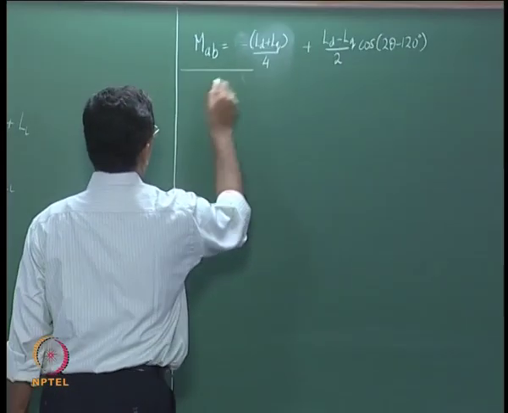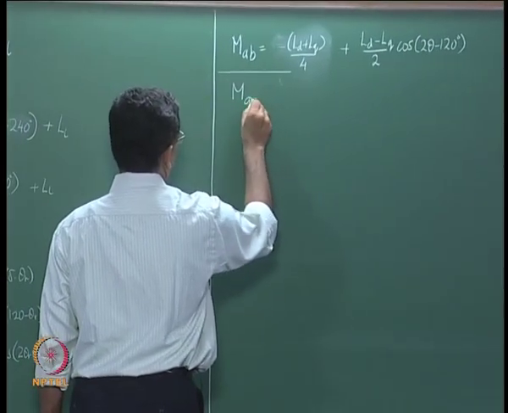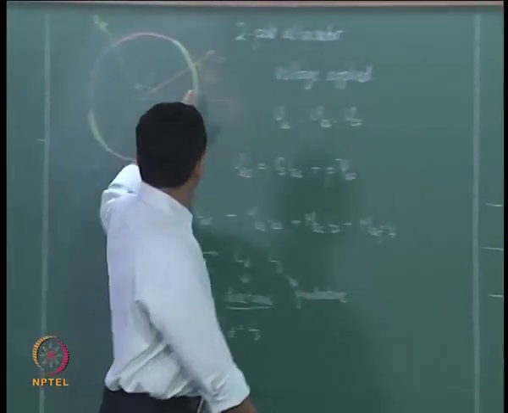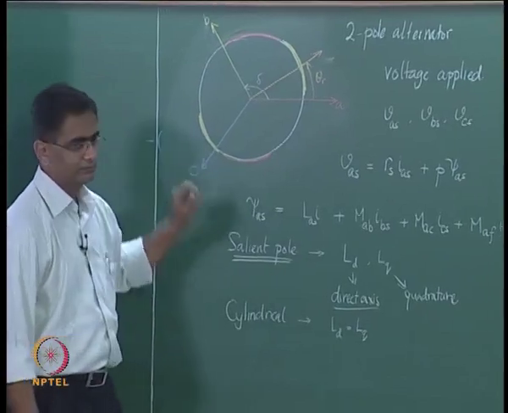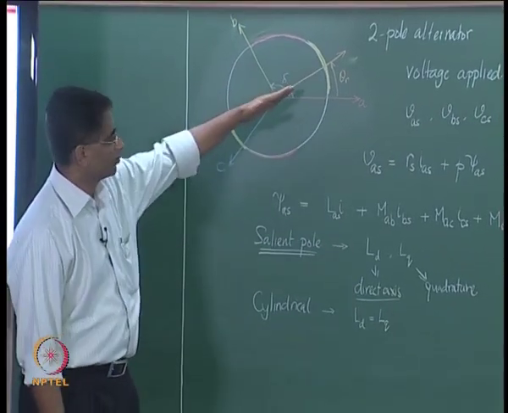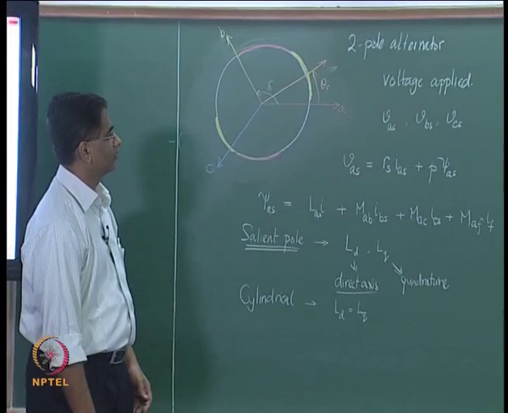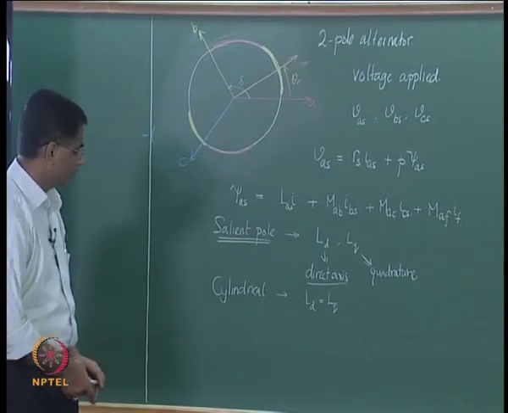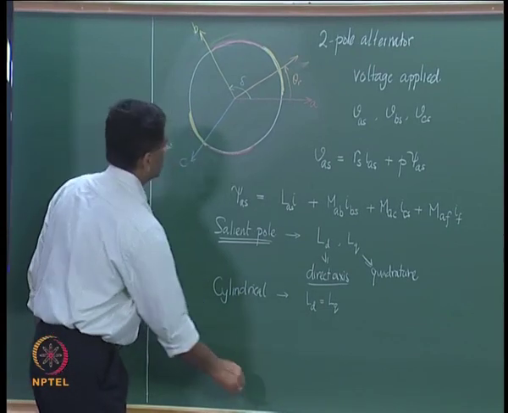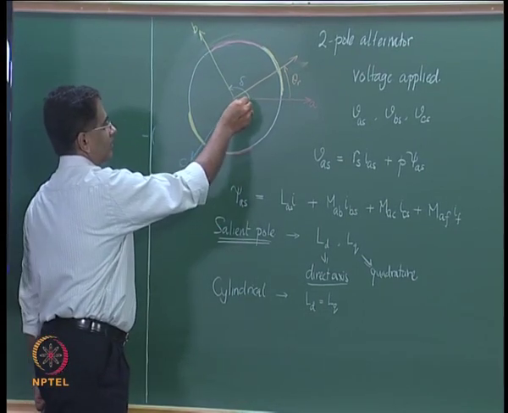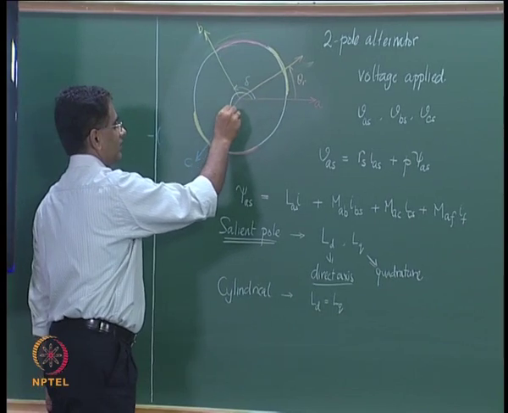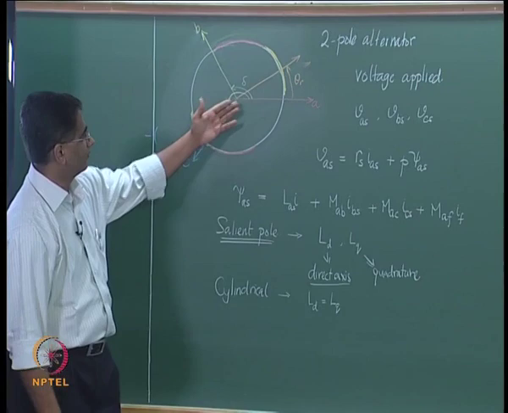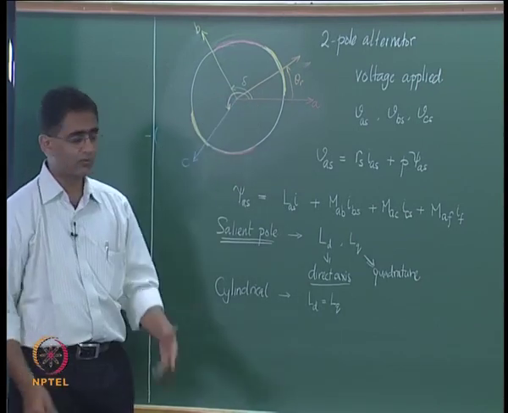What about mutual inductance between phases A and C? In order to determine mutual inductance between A and C, the rotor position is still the same, and it is with respect to A phase, so that is also not a problem. The only thing that we have to now do is, delta is between A phase and C phase, that is the angle we need to consider, and delta for considering A and C is 240 degrees.